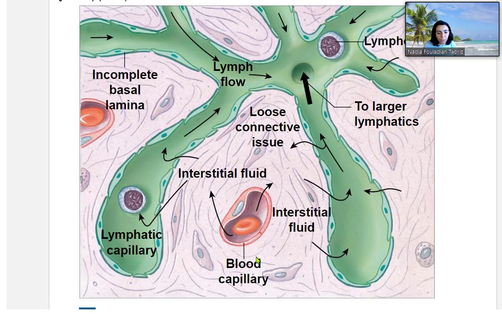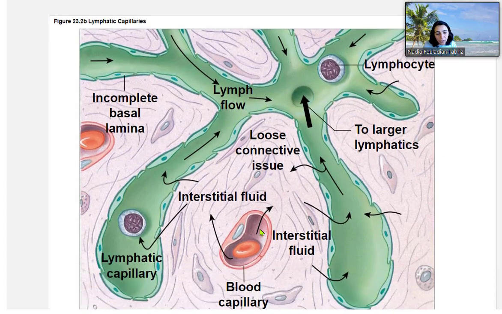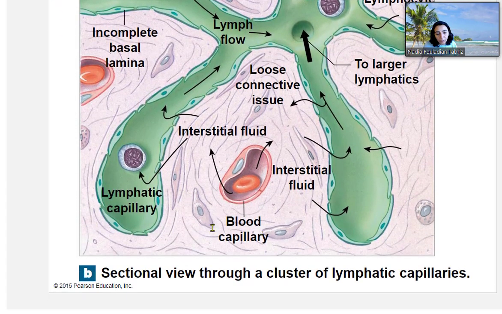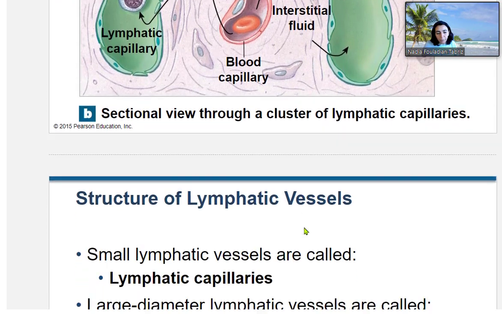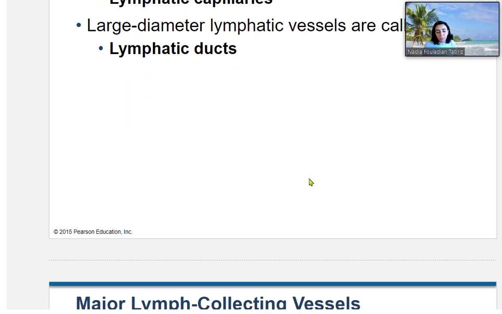And here it is showing that some of the lymph cells, lymphocytes that we have here, and all the things around. And as we said, we have the lymphatic capillaries. Those are small vessels that start at the beginning, and then they join each other at the end to make the lymphatic ducts.